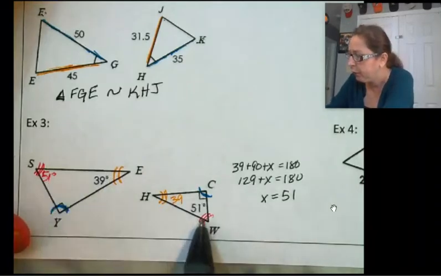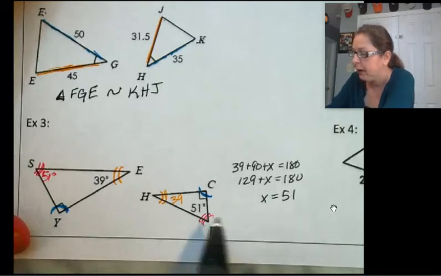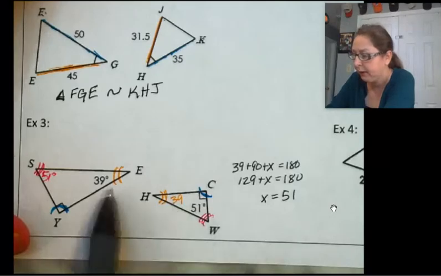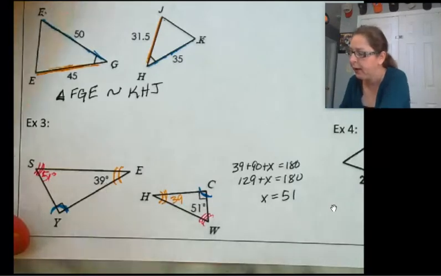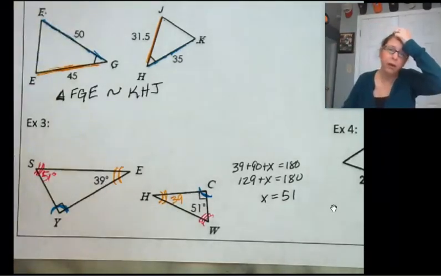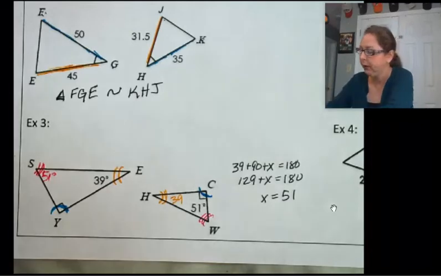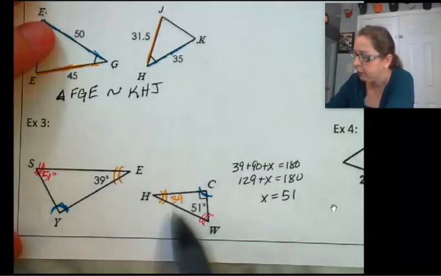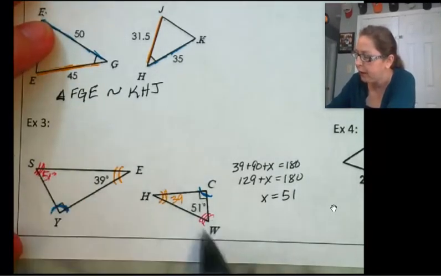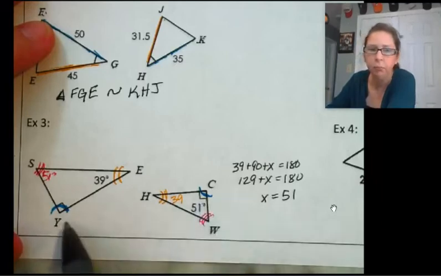So that's congruent with this angle here. Okay. And if I did this again, I would get 39 and 39 here. Okay. So I do have 3 angles in each triangle that are the same measure. And I color coded them. 39 is orange, 51 is red, the 90-degree angles are blue.